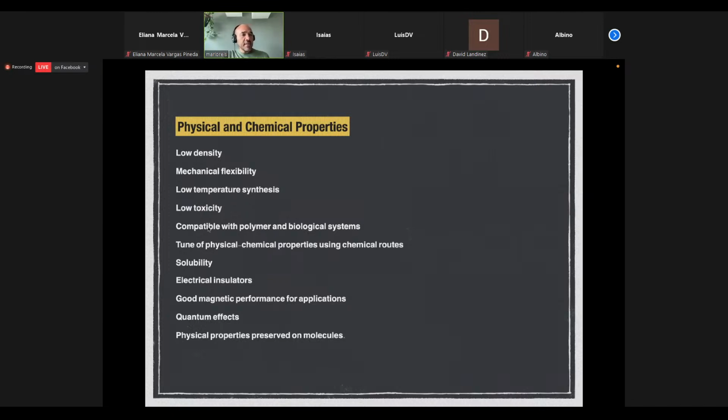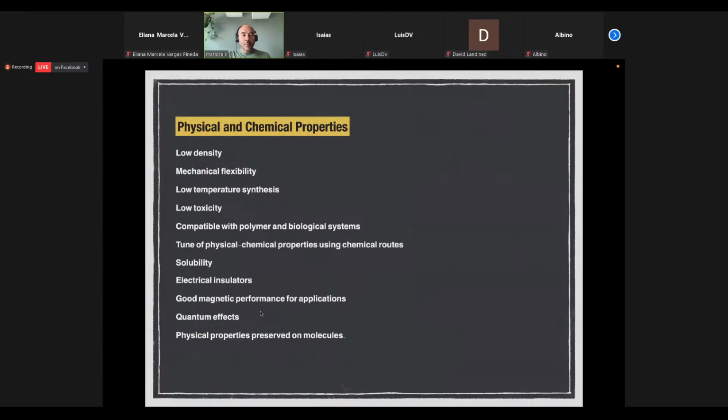Low toxicity, compatibility with polymers and other biological systems, and a lot of properties that make these materials, in fact, very different in comparison with metals and other standard magnetic materials.